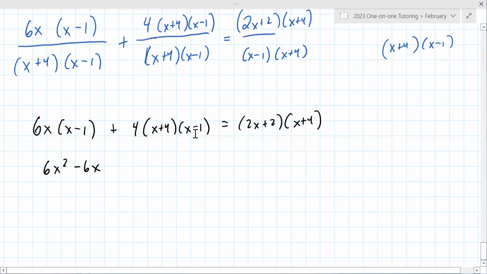One shortcut is to FOIL, so it's X times X, X squared, and then multiply by 4 each time. So now when you do the outer, X times minus 1 is minus X, 4 times X is 4X. So minus 1X and 4X add up to 3X. Multiply by the 4, that's plus 12X. 4 times minus 1 is minus 4, and then multiply by the 4.